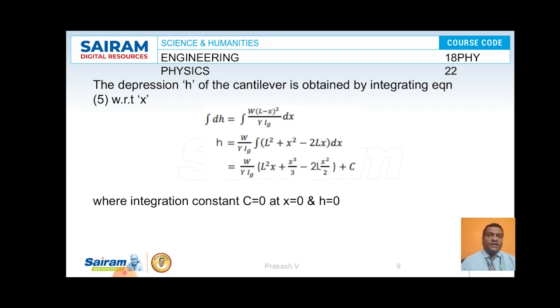After integration, we will get W by Y Ig into (L square X plus X cube by 3 minus 2L into X square by 2) plus constant C. Here the constant C is equal to 0 when we consider X is equal to 0 and H is equal to 0.